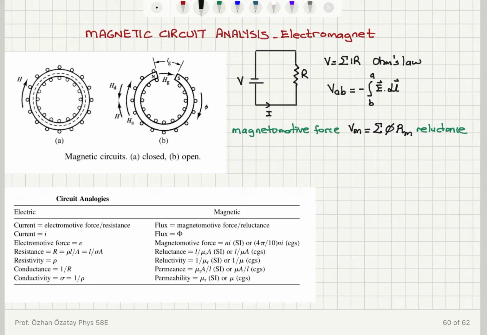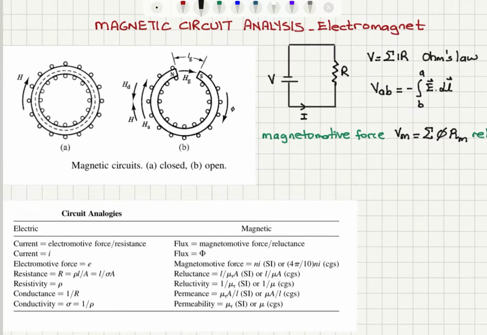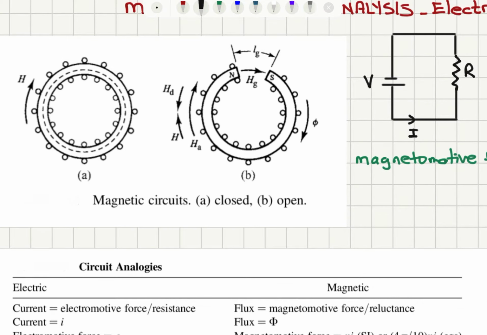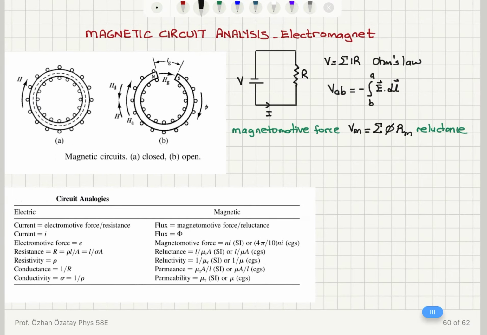In this analogy, the flux is analogous to current, and the reluctance is analogous to the resistance of the circuit. If you write Ampere's law for this closed loop, the closed loop integral of H dot dl, writing this in SI units, is equal to the number of turns N multiplied by the current I that flows in the circuit.